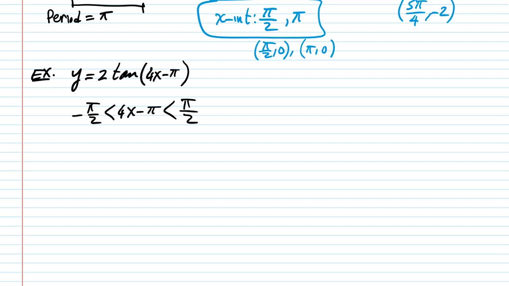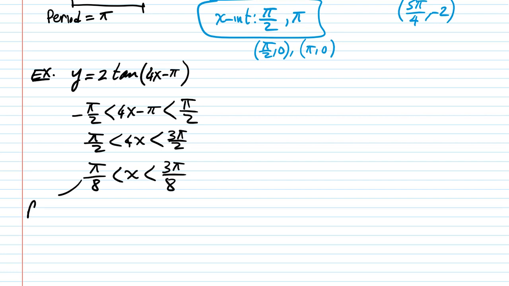Add pi to all parts. So I get pi over 2 and then 4x, and this would be 3 pi over 2. That's adding pi to all parts. Then multiply everything by 1/4. So I get pi over 8, x, and 3 pi over 8. And here you go, phase shift to the right, pi over 8.